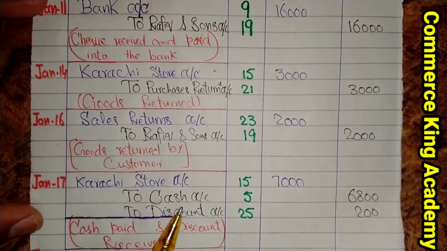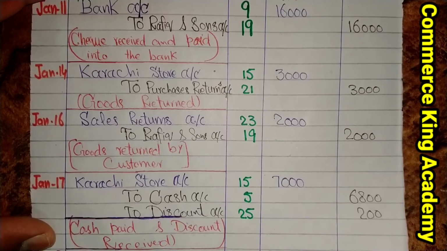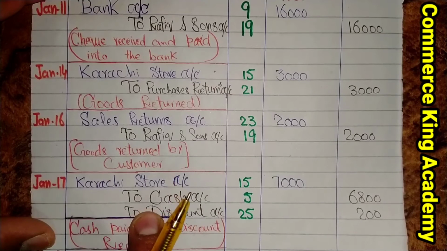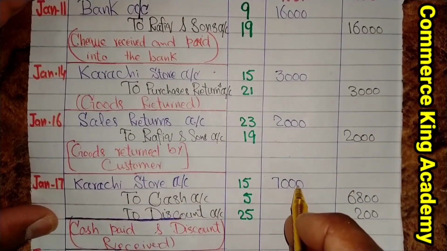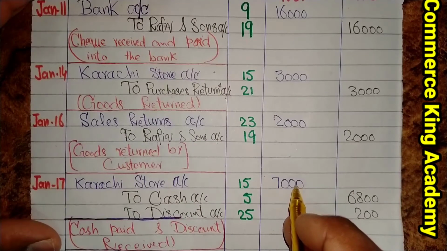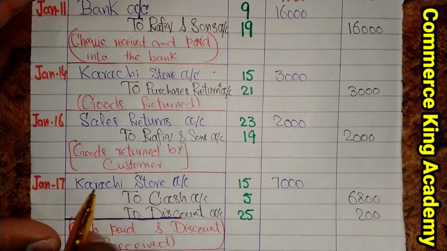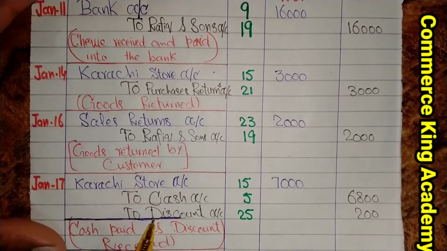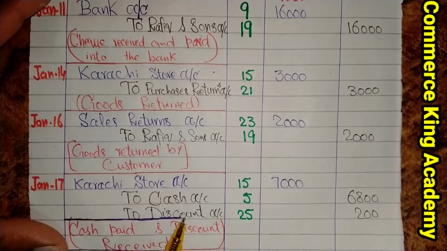From 10,000, 3,000 rupees of goods were returned by the business to Karachi store, okay. The remaining amount is 7,000 rupees ultimately, okay. So 200 discount was given by the Karachi store to the business, okay. So this will be the discount received by the business from Karachi store.